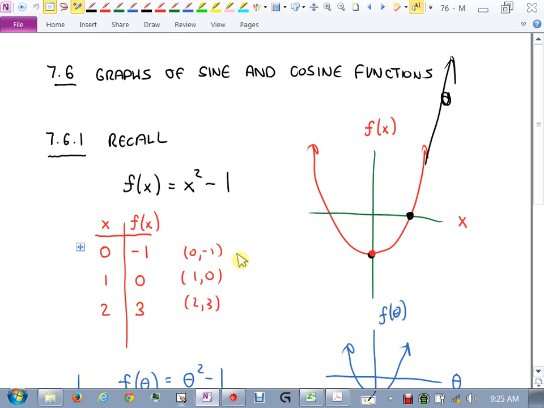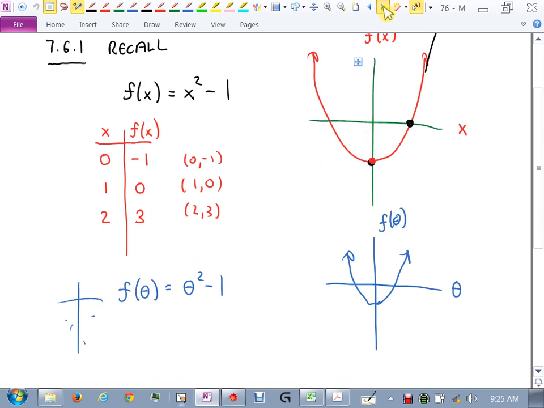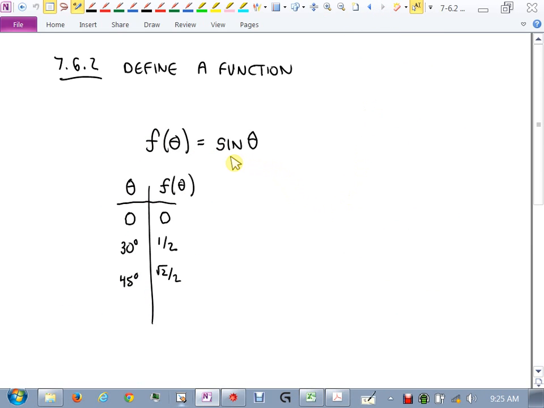And then we graph these as points, and we graph them on an xy axis, right? Talked about that. And then we said, well, if we define a function f of theta to be sine theta, then we could do the same thing and make a t-table, and then we could go graph those as points. Yes, yes?